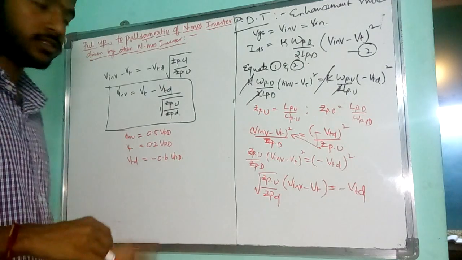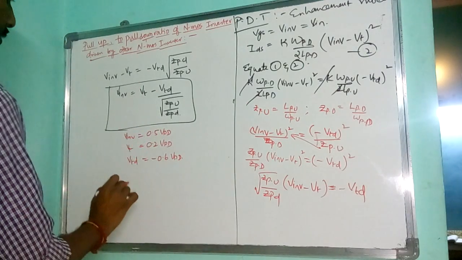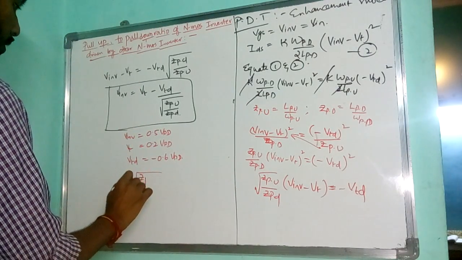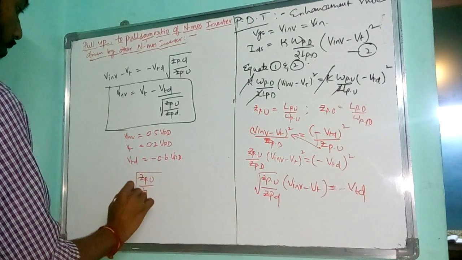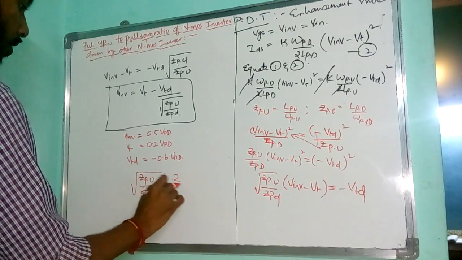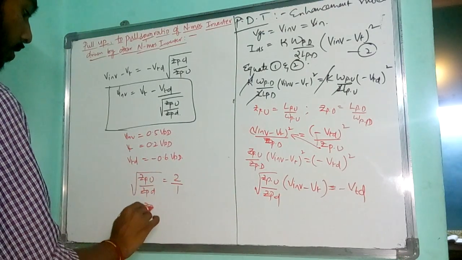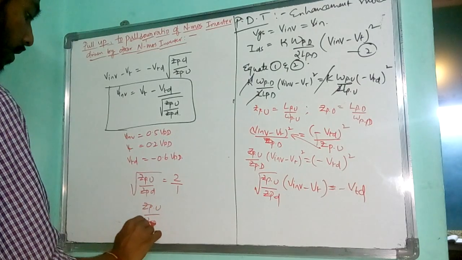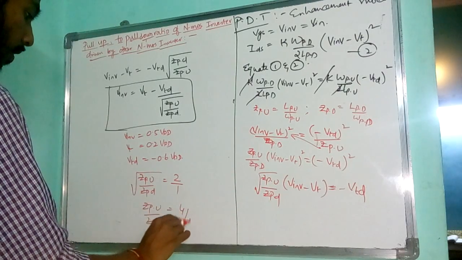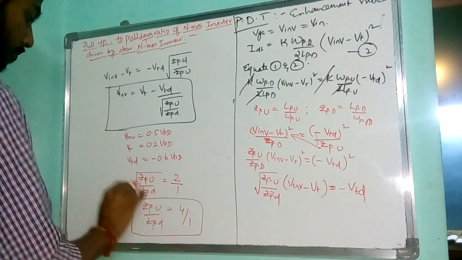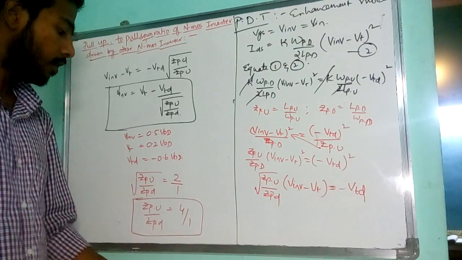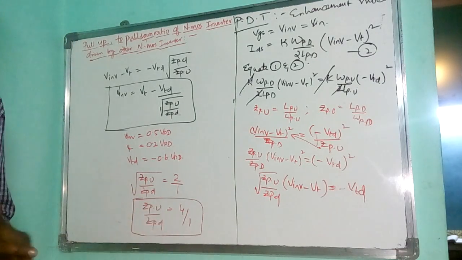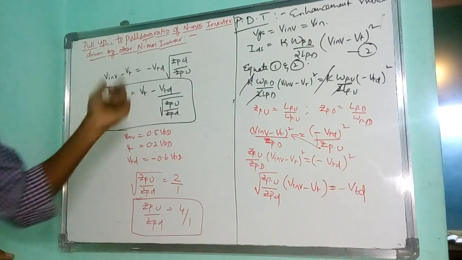For these values, when I calculate this ratio, it is 2 by 1, that is ZPU by ZPD will be 4 by 1. This is my pull up to pull down ratio for an NMOS inverter which is driven by other NMOS inverter.